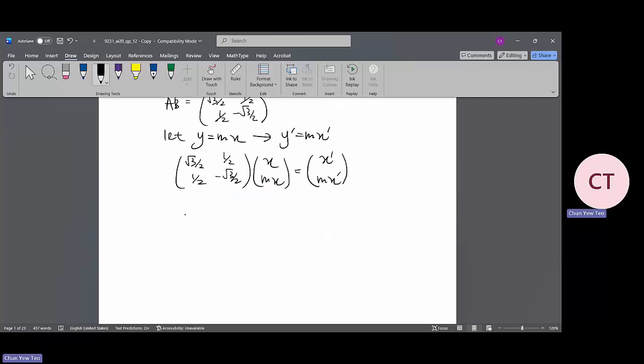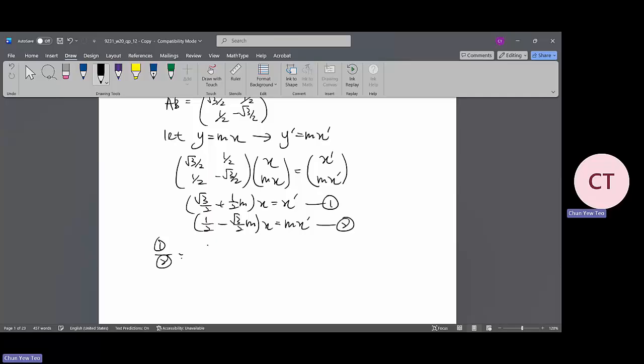From here, we will get root 3 over 2 plus a half m, times x, is equal to x prime. That will be equation number 1. Then a half minus root 3 over 2 m, times x, is equal to mx prime. That is your second equation. Take the second equation divided by the first.